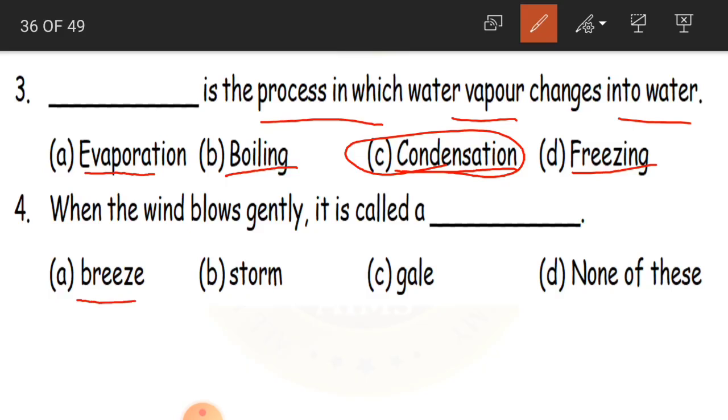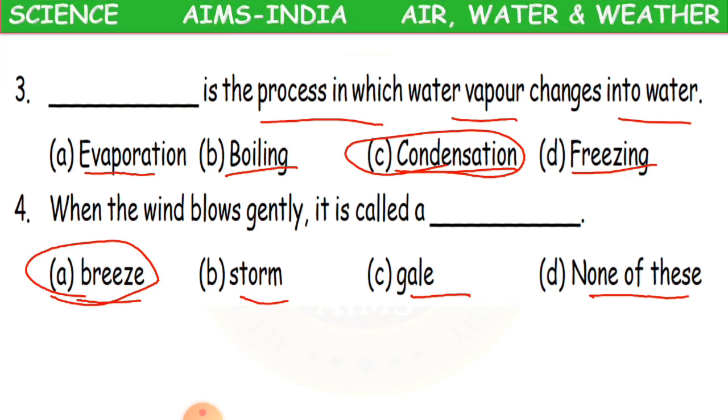Either breeze, storm, gale or none of these. And the answer is A, children, that is breeze. Storm is very strong wind. Gale is also a strong wind, but storm is more powerful than gale. Okay, children, and the answer is A option.